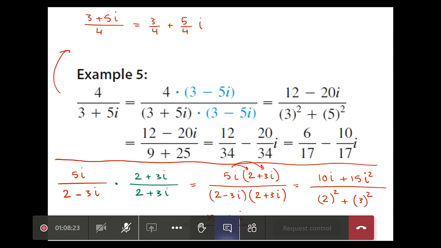Why negative 15? Because 15 is multiplied by i square, which equals negative 1, over 4 plus 9, we have 13. So the final answer equals minus 15 over 13 plus 10 over 13 i. What's the real part? Real part negative 15 over 13. What's the imaginary part? 10 over 13.